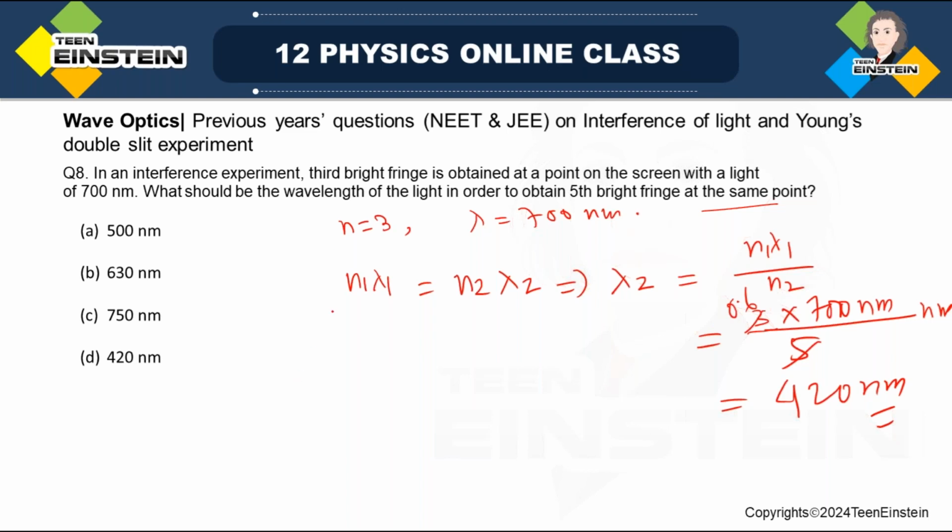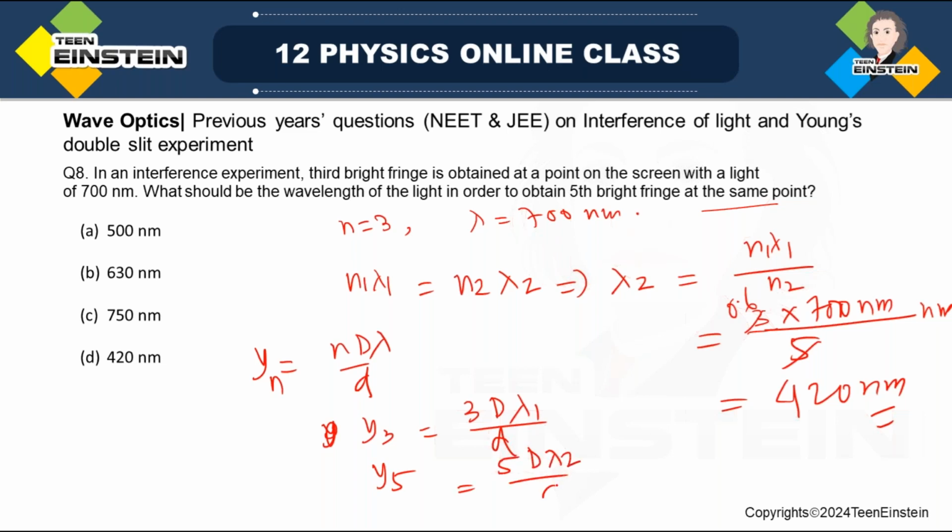Otherwise, what you have to do is find out the position. So for the bright fringe, the third bright fringe, you write n D lambda by small d. So y third will be 3 D lambda 1 by small d, and then for the fifth one you would write 5 D lambda 2 by small d.